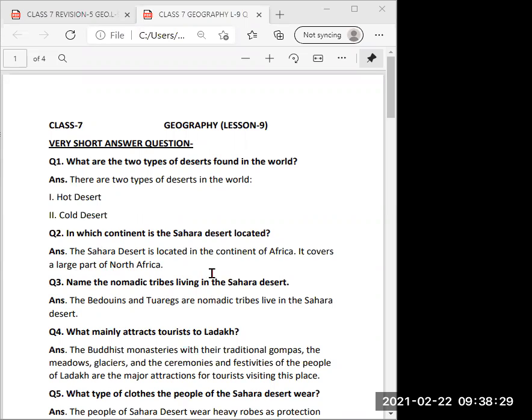The Sahara Desert is located in the continent of Africa. It covers a large part of North Africa. So it is located where? In Africa, and also covers a large part of North Africa. Clear this much?